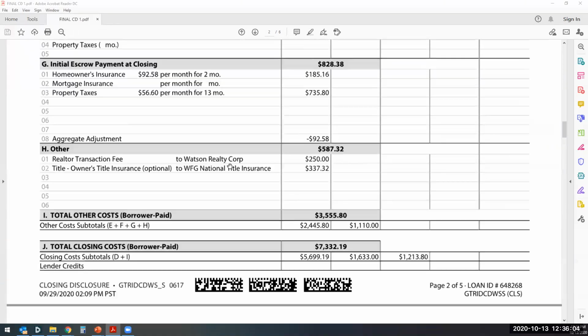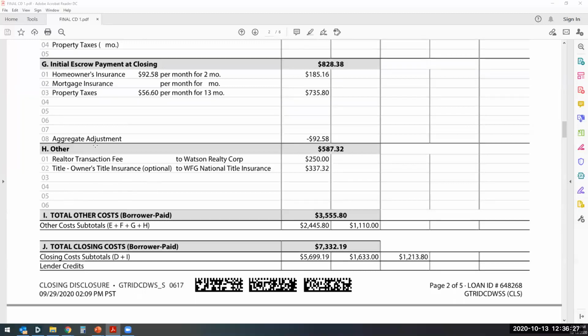Now, if you have to pay the HOA a fee, sometimes the HOAs will charge a transfer fee. You're going to see it right there. Also, you're going to see estoppel fees right here. Anything that is fees from the HOAs, you're going to see on number H where it says other.